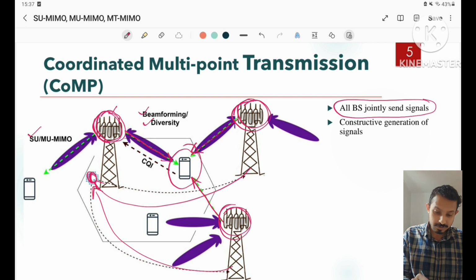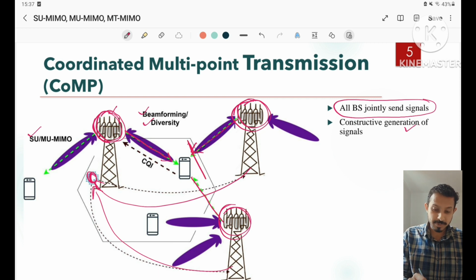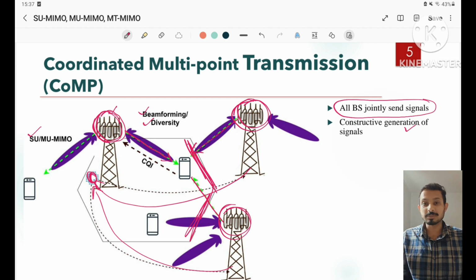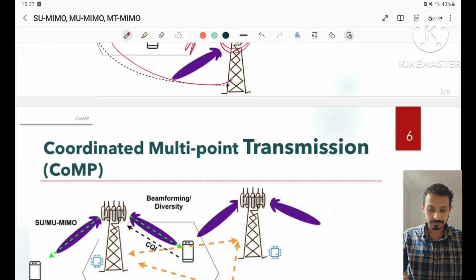The constructive combination of the signals at the mobile user results in a significant increase in spectral efficiency. Moreover, the outage probability is also reduced, especially in the cell edge scenario, which otherwise may not be possible without the use of multi-antenna communication. So this is the first form of coordination between the multiple base stations.